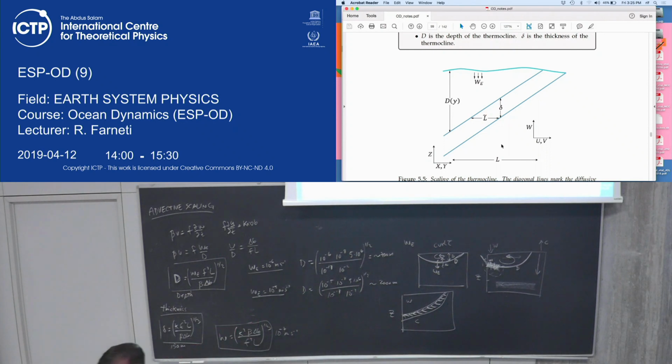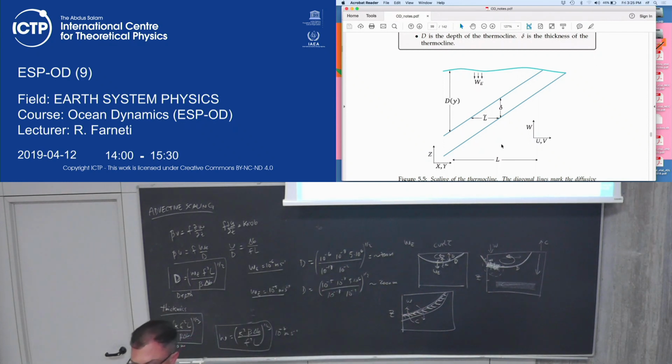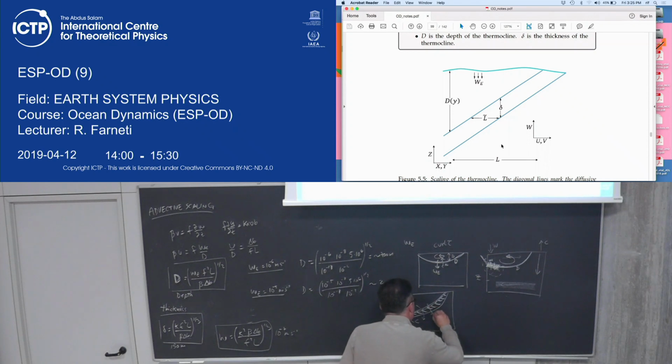So it could be a very thick region where diffusivity is acting and mixing cold water into warm water. It could be very sharp or it could be very thick. But one thing is the depth, and another thing is the thickness delta.